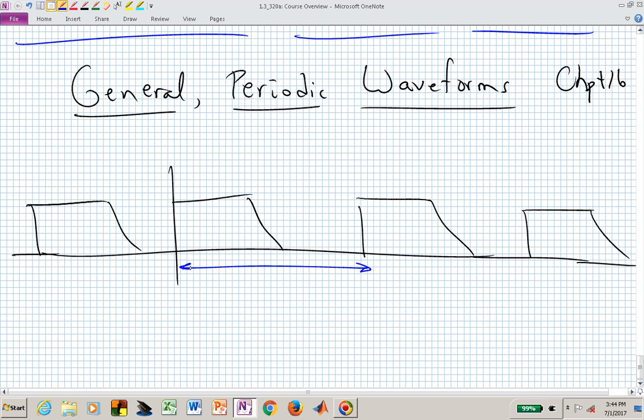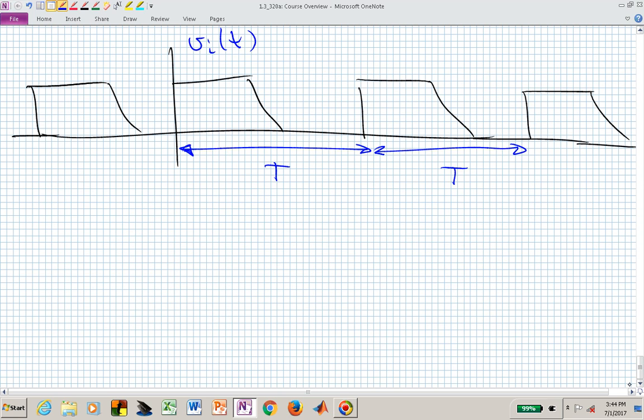We can now identify a fundamental period associated with that waveform. Here, let's say this is V sub I of t. Using Chapter 16 techniques, we can talk about how to find a sinusoidal waveform description of this general periodic signal, because we now know, based on previous parts of this class, how a sinusoid will be manipulated or adjusted by the system in question.